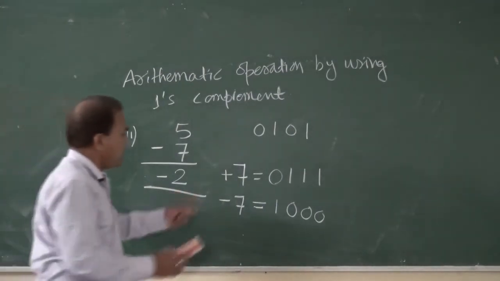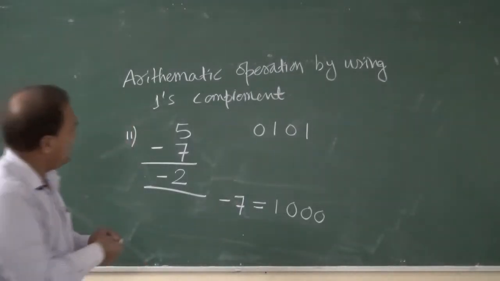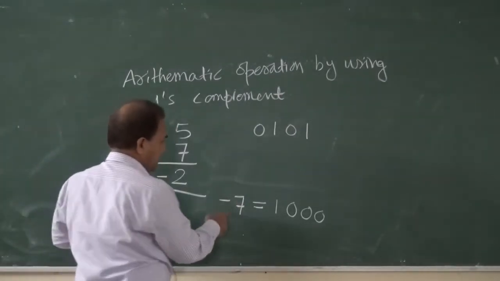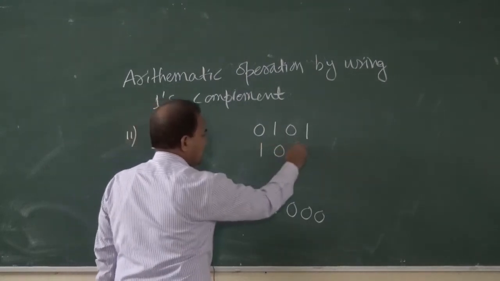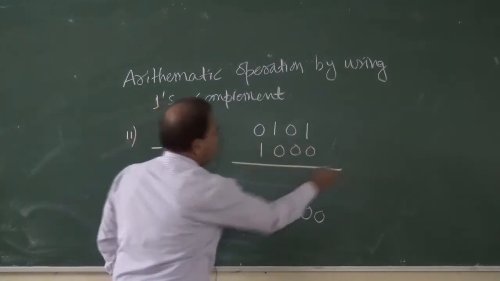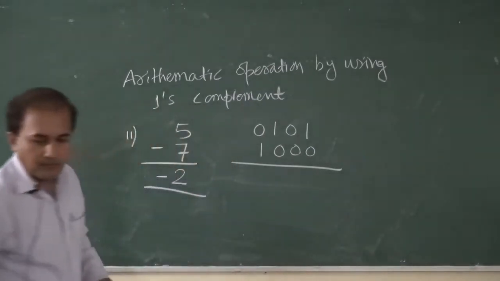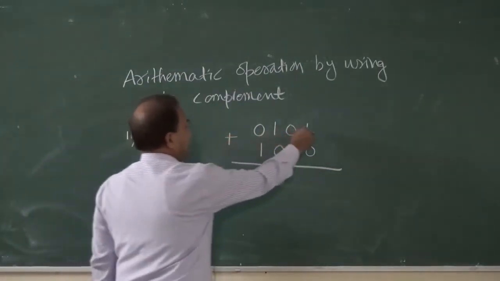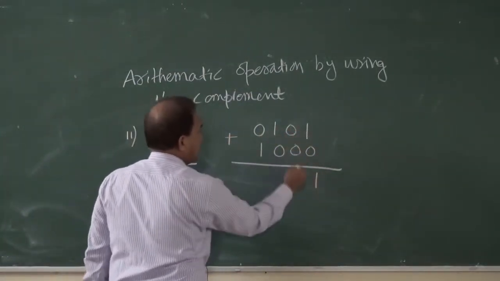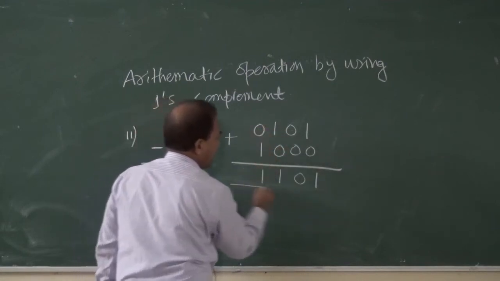So you have to add this 5 with minus 7. Now add it. It will be 1, 0, 1, 1.